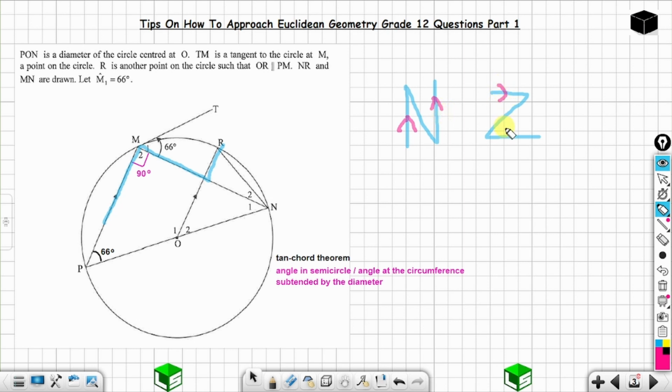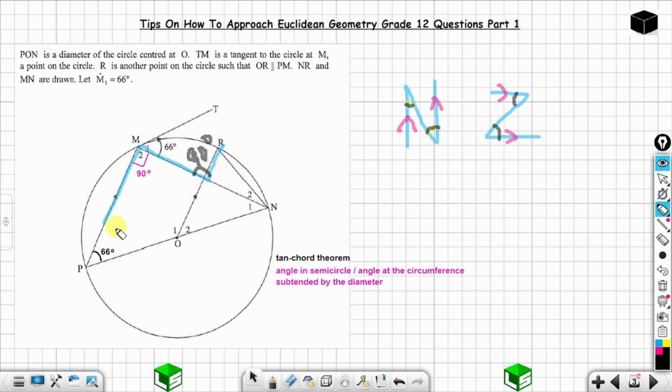This line is parallel to this line. So this angle is equal to this angle. Let me use a black color. This angle is equal to this angle. This is also 90 degrees, but we don't need this angle.